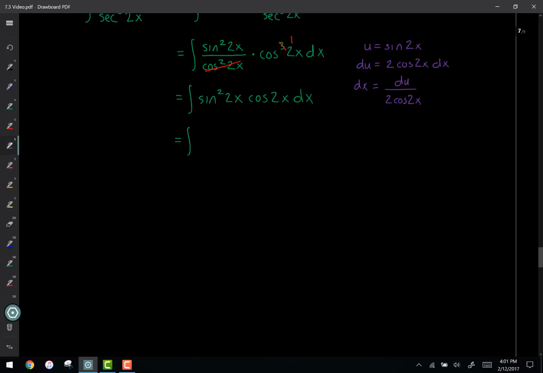So we'll have the integral now of u squared times our cosine 2x times dx, but dx is du over 2 cosine 2x. So the cosine 2x's will drop out. And like always, we have a factor of 1/2, so go ahead and pull that guy out.